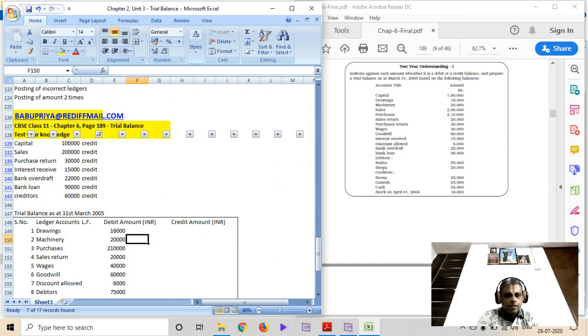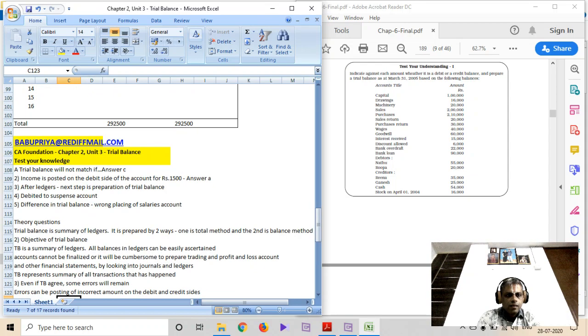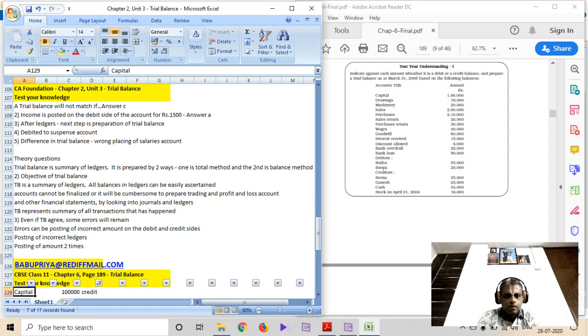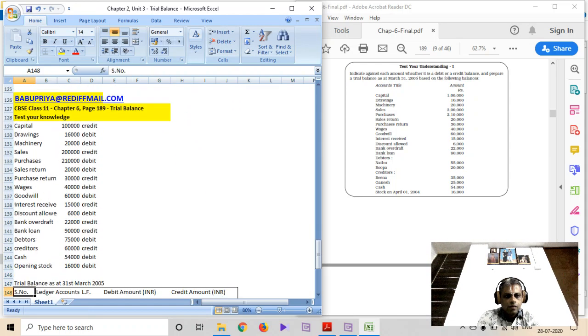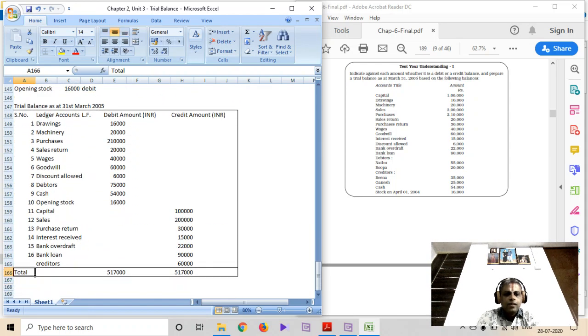Now let's see whether it matches. Okay, now the trial balance is matching, 5,70,000. So all the credit balances are here and the debit balances are here, and the trial balance is matching. So our understanding is clear now.